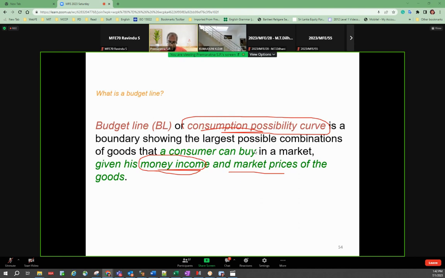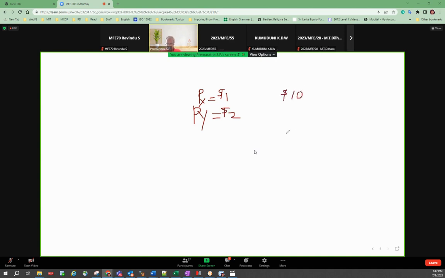Now, for example, if the market price is, let's say, for 2 goods, X is $1 and Y's price is $2. If you have $10 with you, with that you can develop the budget line.